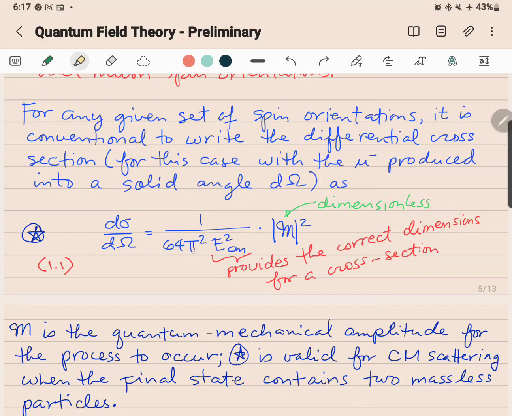This is just 1 over 64 pi squared E squared CM. This provides the correct dimension for a cross section. And then your M squared here is the square of the amplitude of a particular interaction, and this is dimensionless.